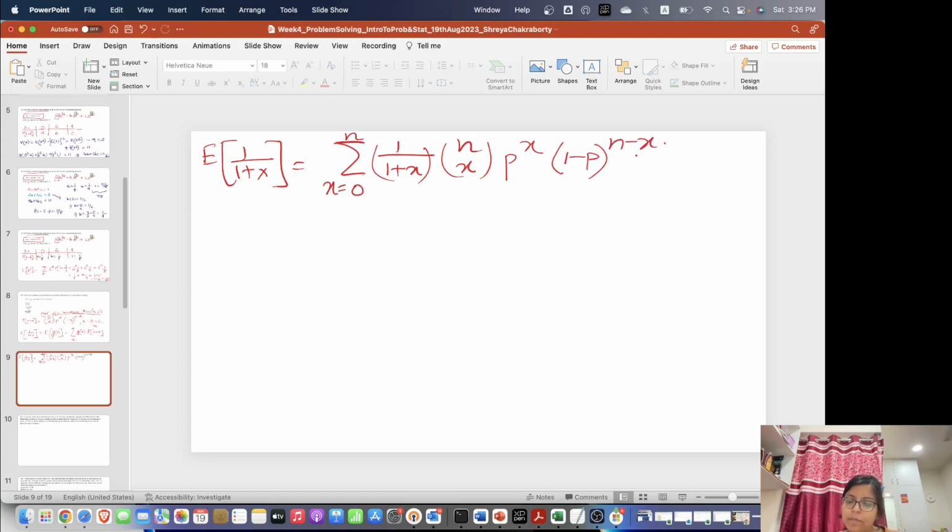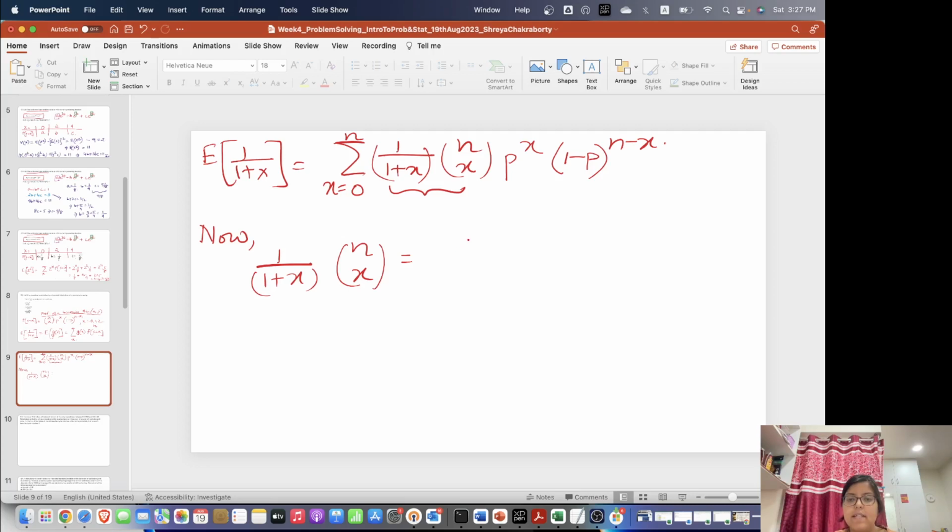Is it okay? Any problem? No. Okay. So this we have. Now, I want you to carefully look at this part. So this one we can write as 1/(1+x) into nCx.